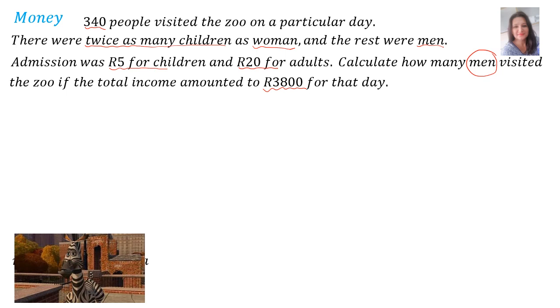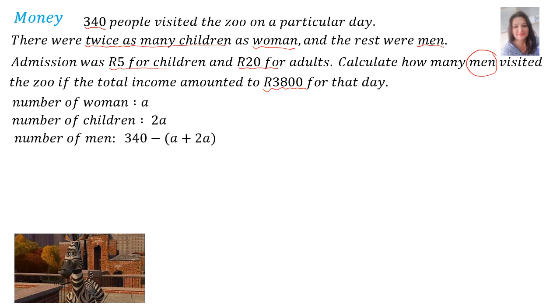Now let's see. Let's make the number of women A, and then the number of children will be 2A. There were twice as many children as women. The number of men will be the 340 people who visited the zoo minus this is women plus children, and A plus 2A is 3A.